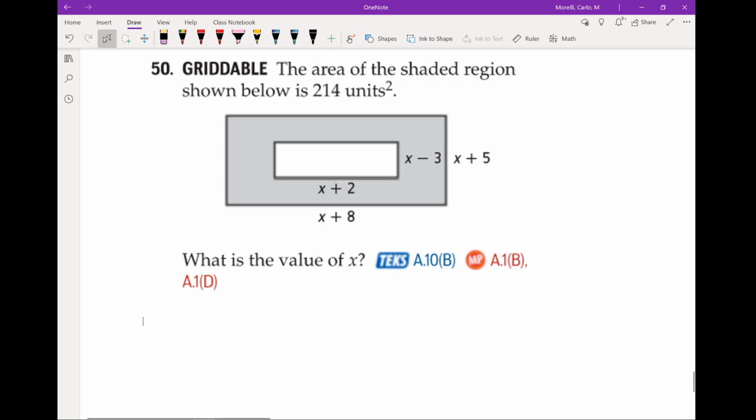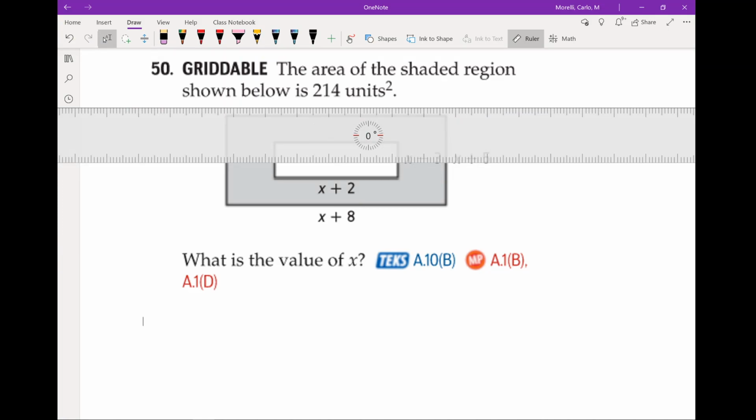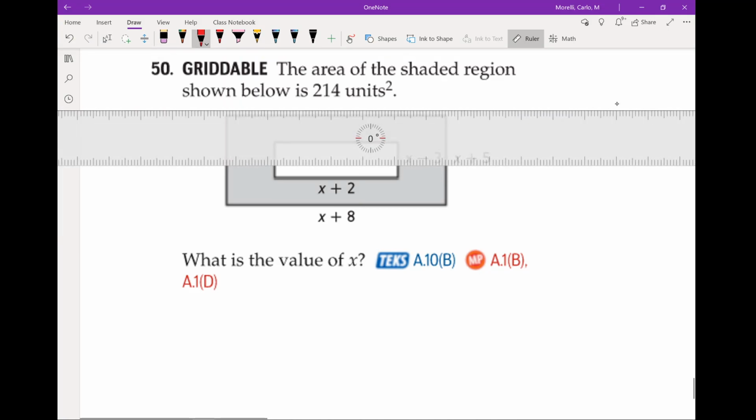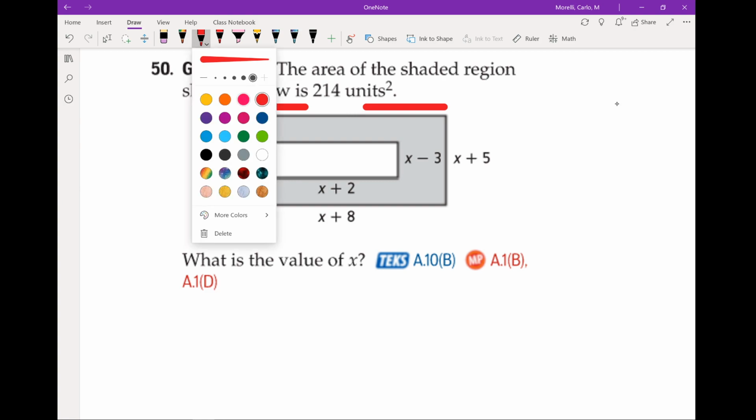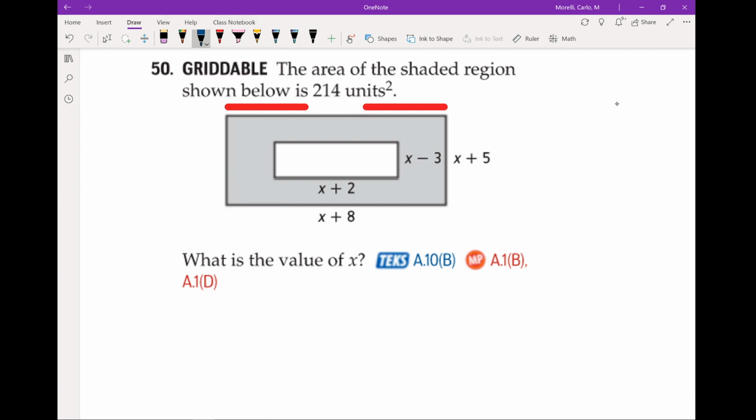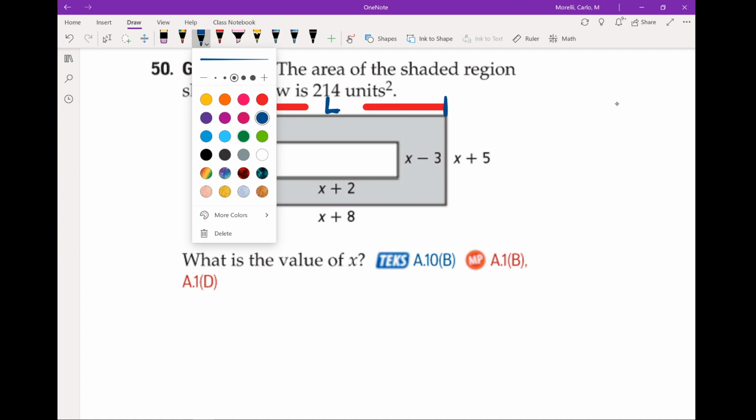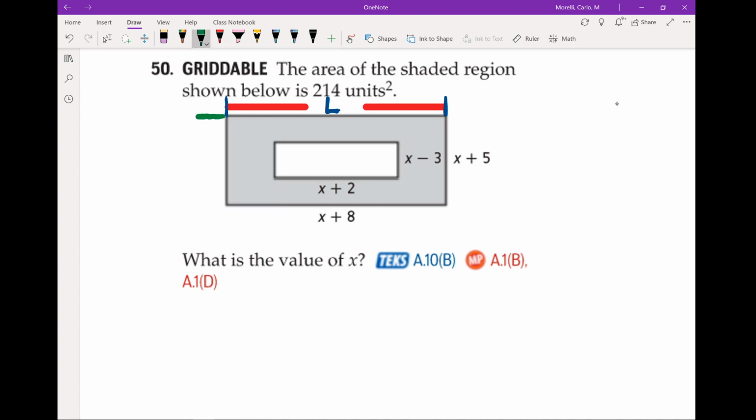So, the area of the shaded region shown below is 214 units squared. This is the last one. This one's all bonus. So that means that this whole length times this whole width right here is equal to 214 units squared.